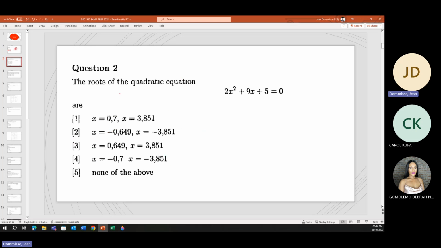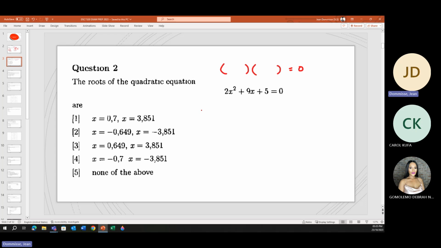They want us to work out the roots of a quadratic equation. So they basically want us to work out what is in the brackets. Okay, so if I look at all the answers first, it seems like I will not be able to solve it by just factorizing.